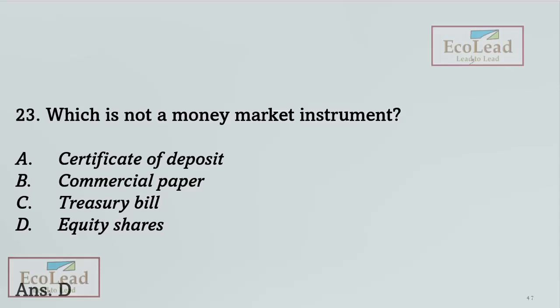But equity shares come under the securities market. That's why we choose option D as the answer, because here it is asked which is not a money market instrument. So equity shares are not included in the money market instruments.